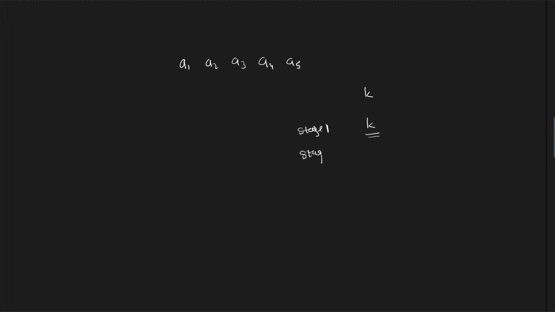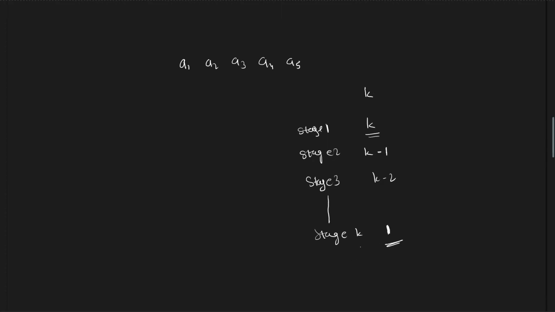In stage 2, Alice will have to choose some element less than or equal to k minus 1. In stage 3, less than or equal to k minus 2, and so on. There will be k stages. In stage k, Alice will have to choose some element less than or equal to 1.